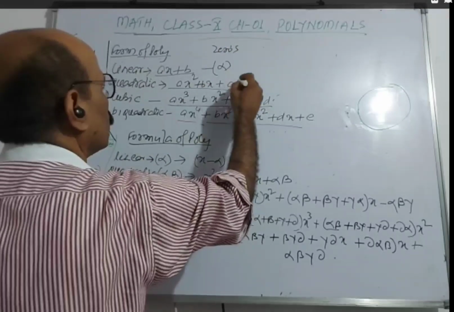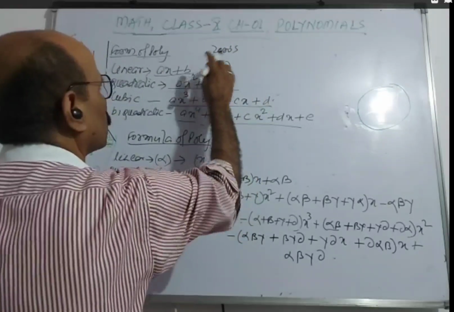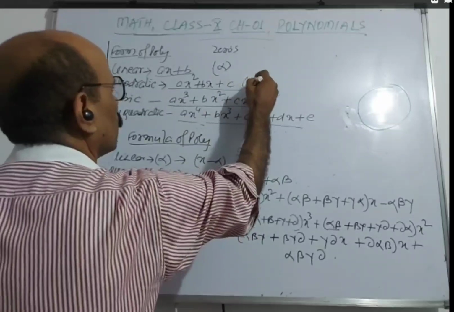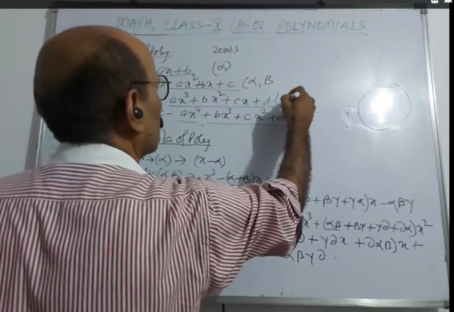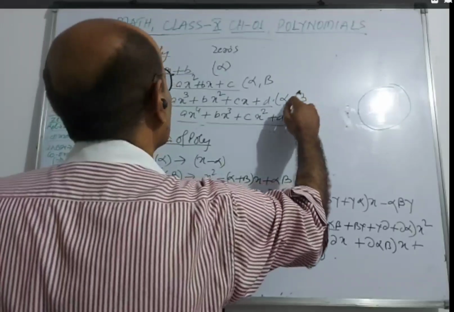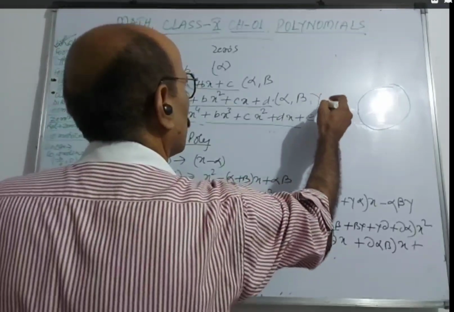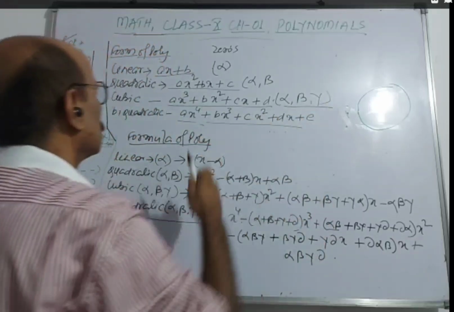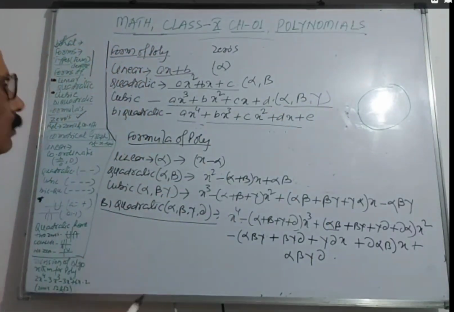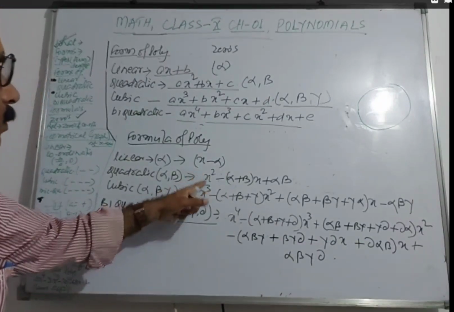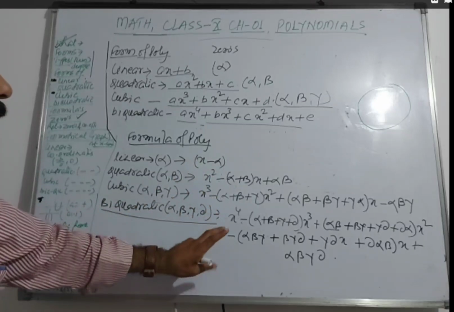Here it will be alpha, here alpha and beta, here alpha, beta, and gamma. Only three relations are mentioned in this class, so no need to go further. Okay, this form of polynomial, note it down.